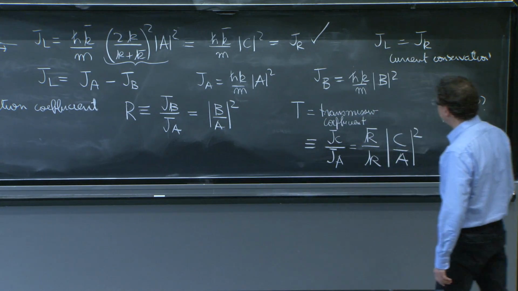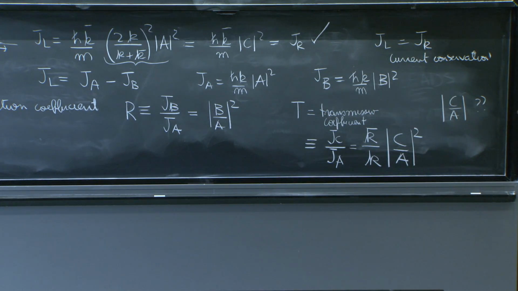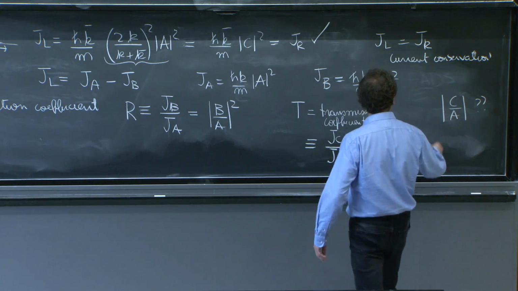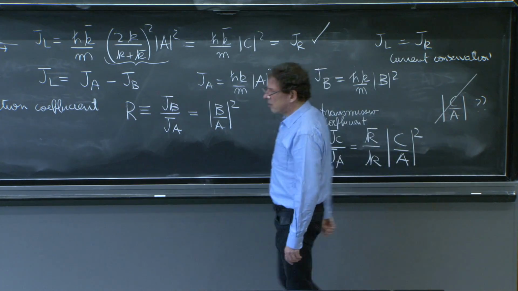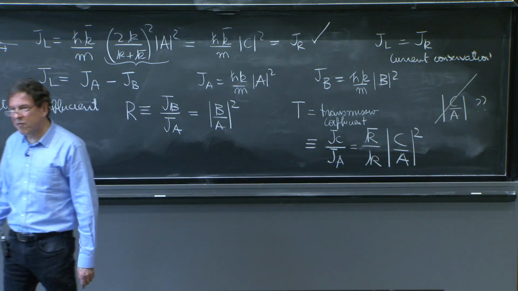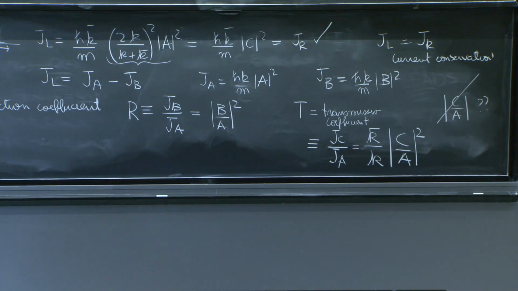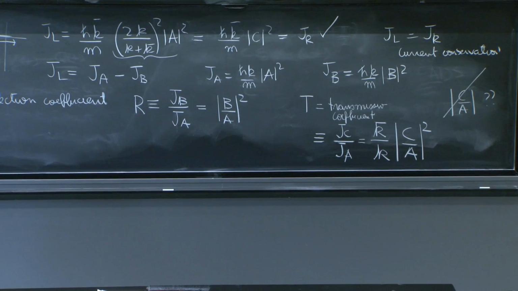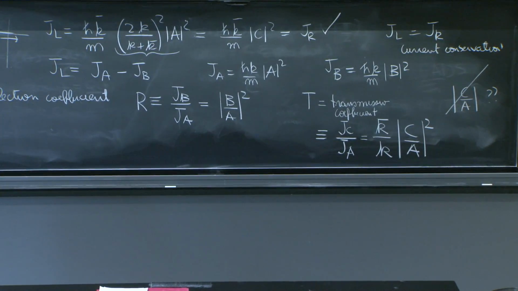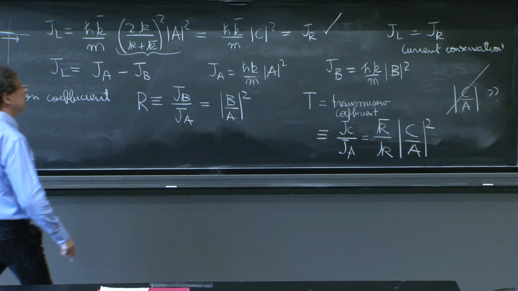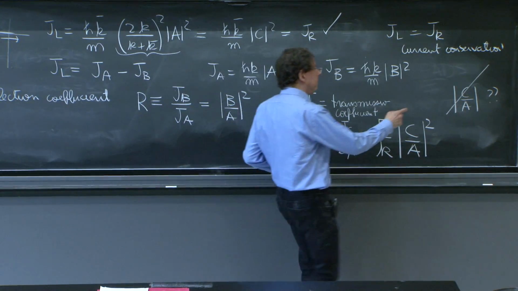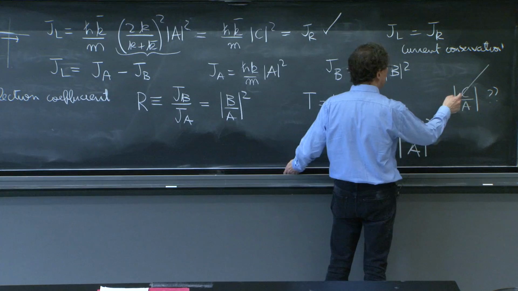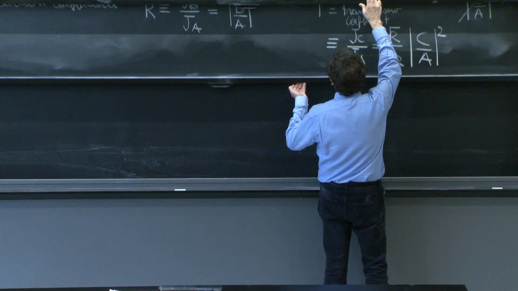So it's not just this number. The reflection and transmission coefficients really originate from probabilities, and the probabilities for these currents. And therefore, it would have been very hand-wavy and actually wrong to think it's C over A.